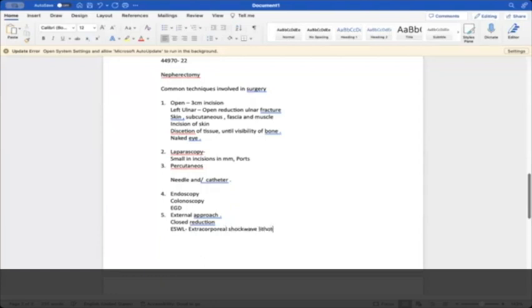Just type ESWL in Google, go to images, and you will get a picture. The patient will be lying down in supine position on a bed. Below the bed, the physician will arrange electrical waves, which directly impact the kidney stones.